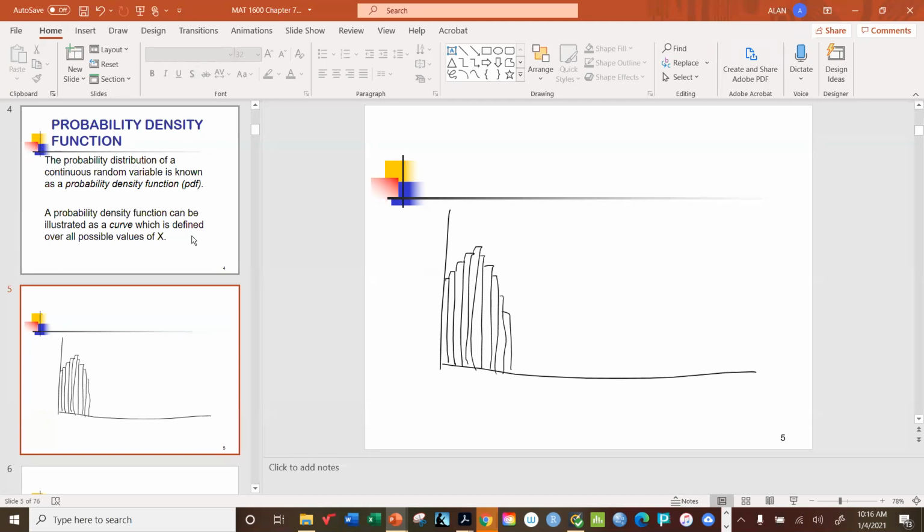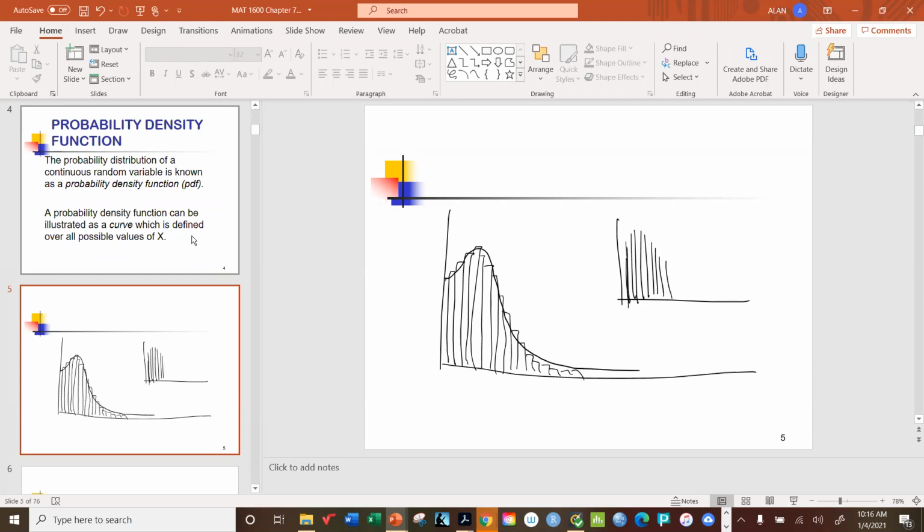So as they get skinnier and skinnier, so we get more and more bars, you could visualize connecting them all with a curve. Okay, so that's essentially what's happening here. Instead of having a discrete number of bars, if we have a literally infinite number of bars, their widths are actually equal to 0. What you're dealing with now is a series of lines.